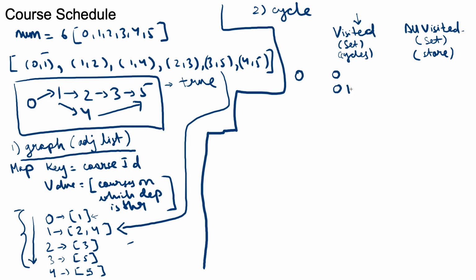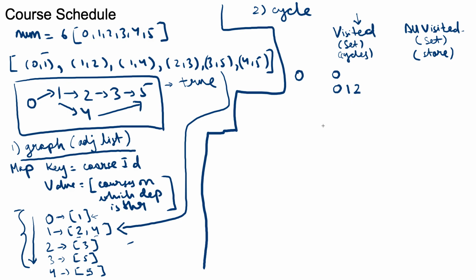Now we see that 1 is dependent on 2 and 4. Since we are doing a depth first search, first we will go to 2 and continue the journey from 2 onwards, and not directly come to 4, because we will come to 4 later on. Now you visit 2, and we'll see how a cycle can be found or will not be found.